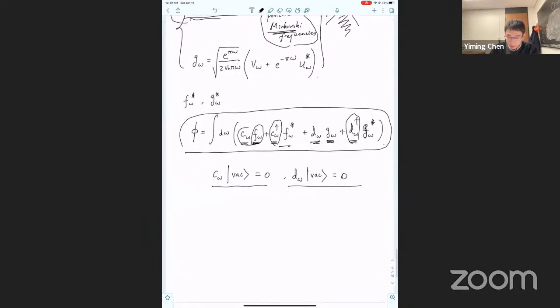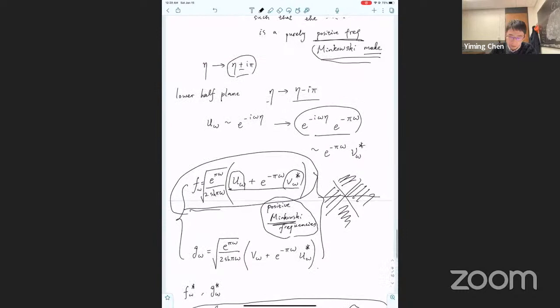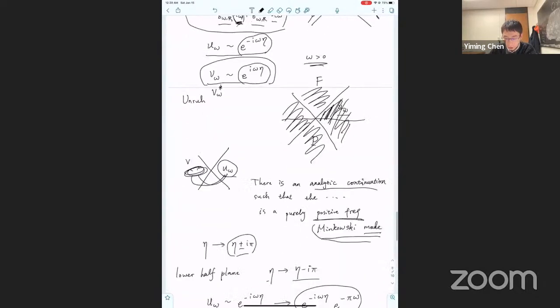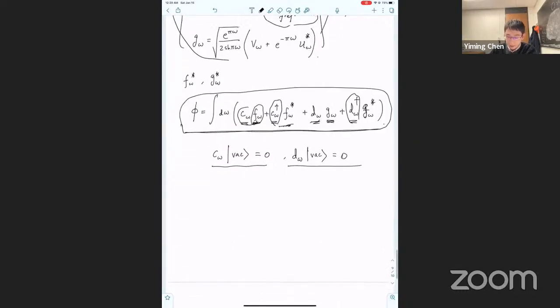What I was saying is that the reason this mode expansion is super useful is that now the relation of these mode functions to the Rindler mode functions is explicitly known, as I've told you here. With the known relations, it's now super easy to work out how the operators B left dagger, B right dagger are transformed into C and D, and C dagger, D dagger.